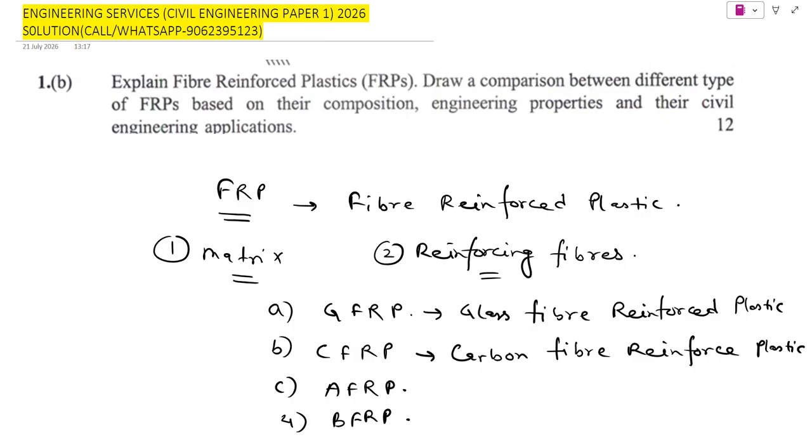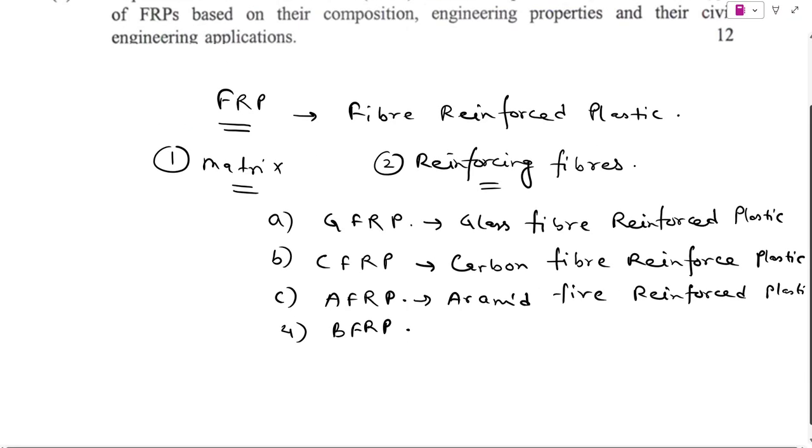Now the AFRP. AFRP is aramid fiber reinforced plastic. The fiber used here is aramid fibers. Strength is high, not very high but high.